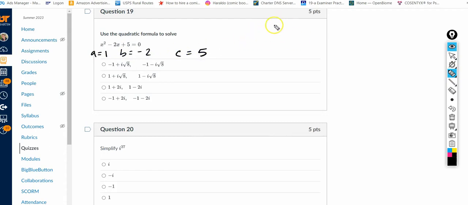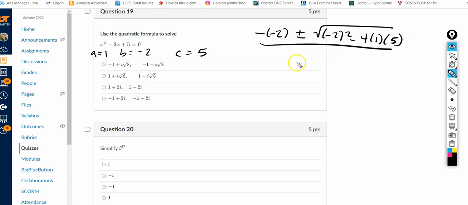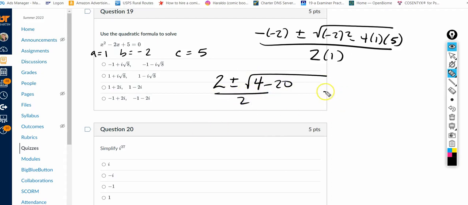So I'm going to have minus B plus or minus the square root of B squared minus 4 times A times C, all over 2 times A. So I'm going to have 2 plus or minus positive 4 minus 20 over 2.